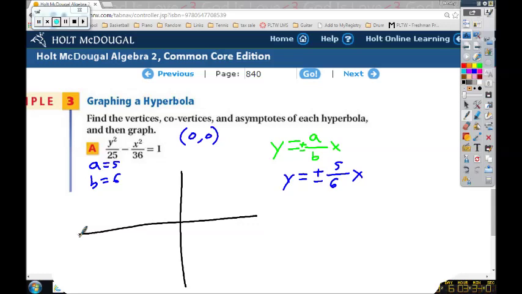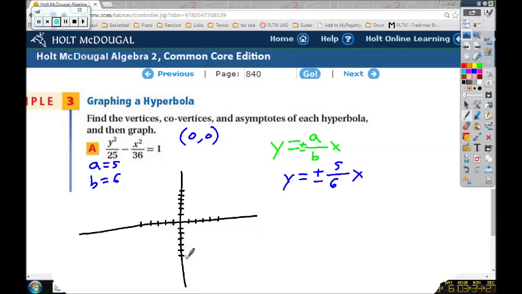I need to graph these asymptotes real quick. I see plus or minus 5 over 6x. If it's positive, I'm going to go to the right and up. So I'm going to start at 1, 2, 3, 4, 5, and then up 1, 2, 3, 4, 5, 6. 1, 2, 3, 4, 5, 1, 2, 3, 4, 5, 6.